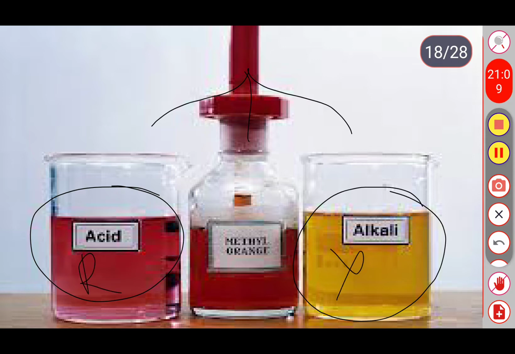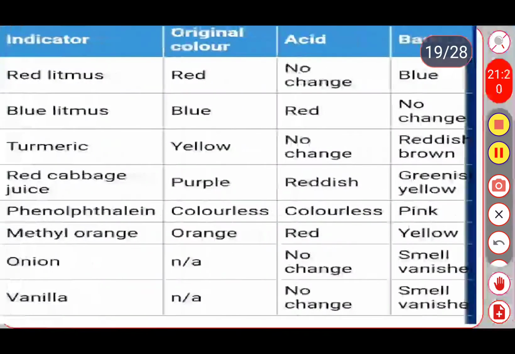So methyl orange shows two different colors in acidic and basic solutions. Here some of the indicators are given. Just see the list of indicators with their different colors.